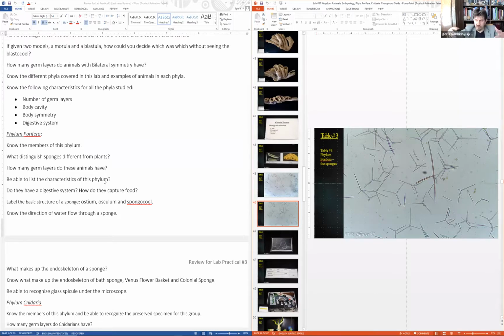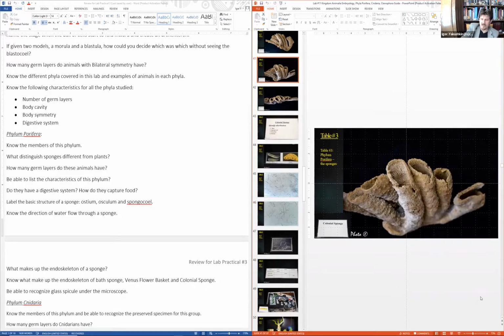They filter whatever is captured. Well, they have amoeboid cells, which look like amoebas. They move around, surround the food, digest it, and then spread the nutrients to the neighboring cells. Pure intracellular digestion.